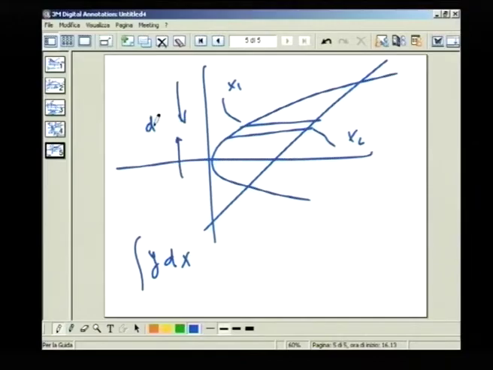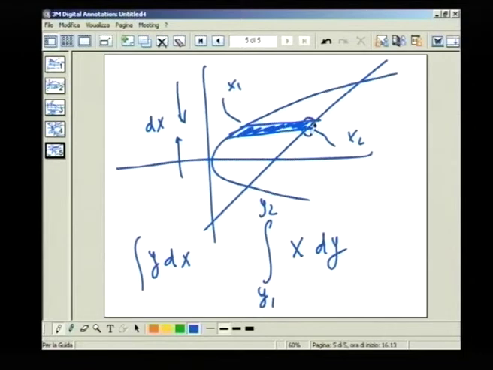Instead of dx, you get a dy. So instead of calculating the integral of y dx, you may use the integral of x dy, which is better. You integrate the lamina, which is the difference between this x and this x, multiplied by the base dy, and this is the area of your strip. Then you integrate from y1 till y2.